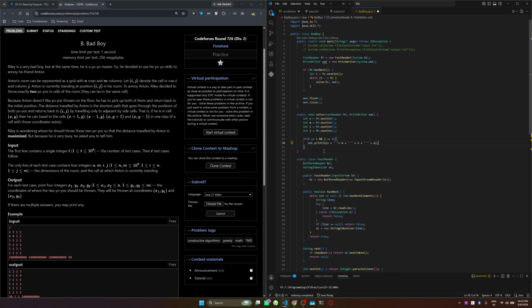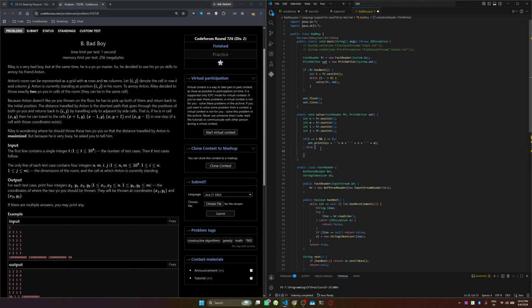If Anton is standing at the initial position, we can directly print the edge of the room as our solution for both the yo-yos. And if not, then the opposite sides.